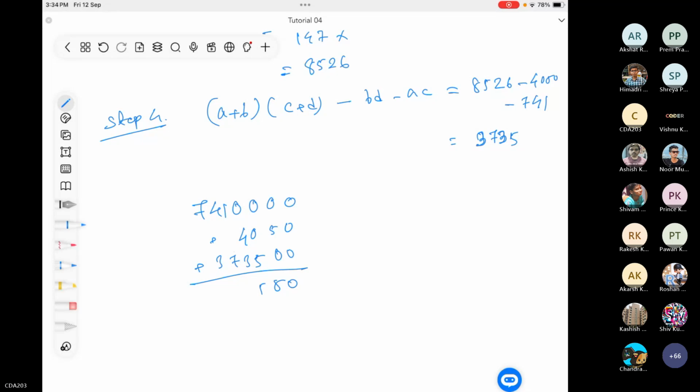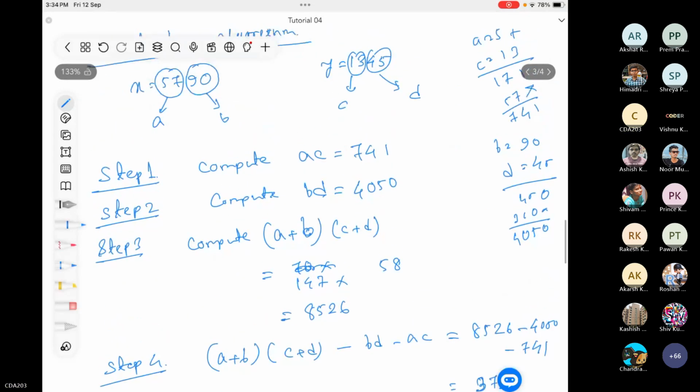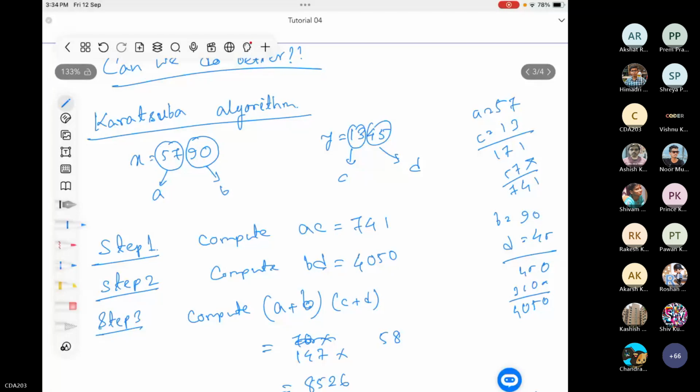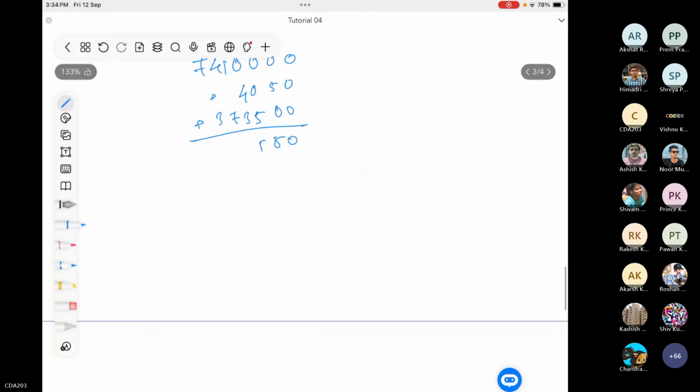Yes, this is the number that we are getting. And what is the number we get when we multiply? It's the same number, right? That we get when we multiply those two numbers. 7787550. So now you can see that we obtained the same result that we have obtained through our school level algorithm.